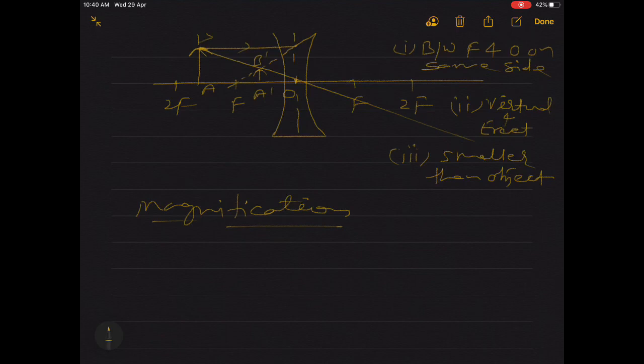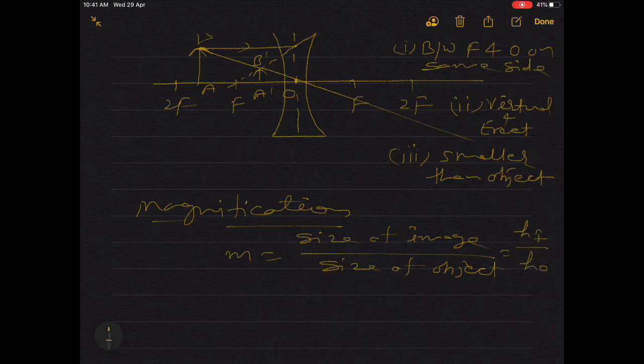Magnification is basically given by m is equal to size of image upon size of object, that is hi upon ho.